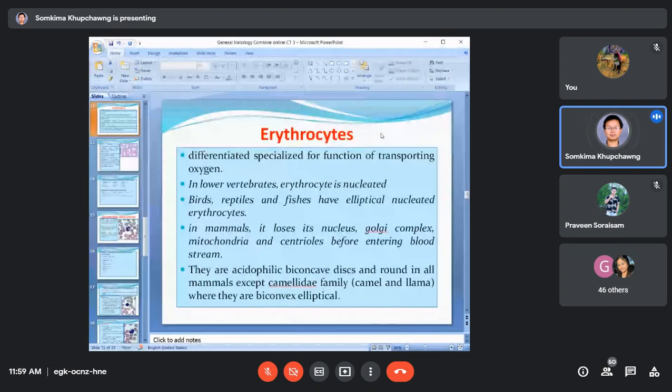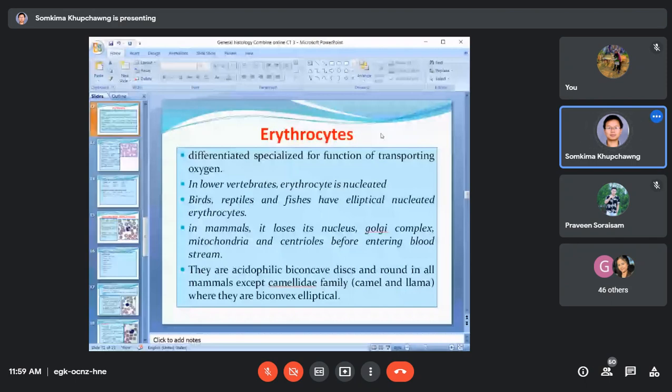So in mammals, the nucleus of the erythrocyte is absent. But in the case of birds, reptiles, fish, lower vertebrates, RBC is nucleated, the nucleus is present.